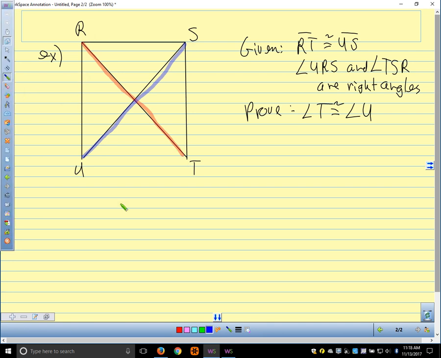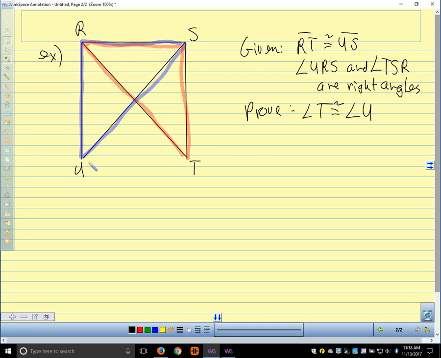So based on that information, I'm going to guess we are going to be working with that triangle and that triangle, because we want to show that angle T and angle U are congruent. So based on the information they give us, I think the problem is about those two triangles.